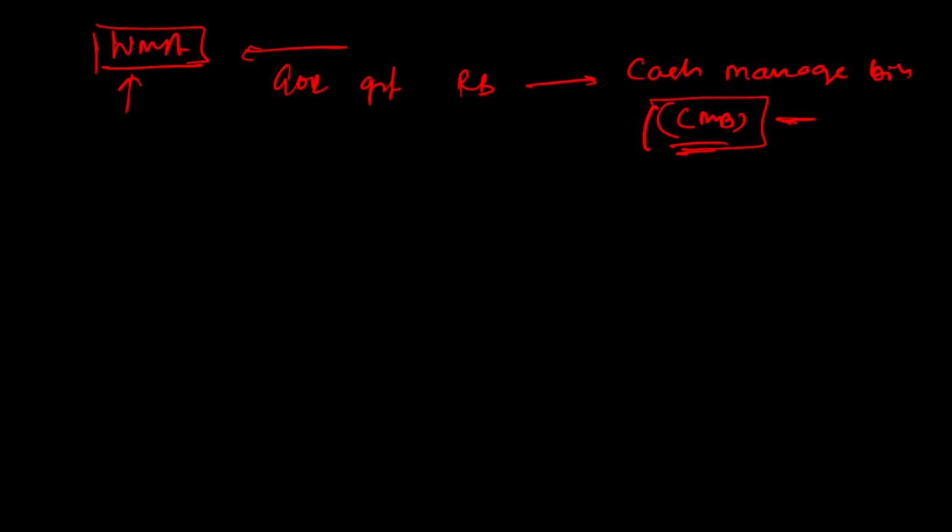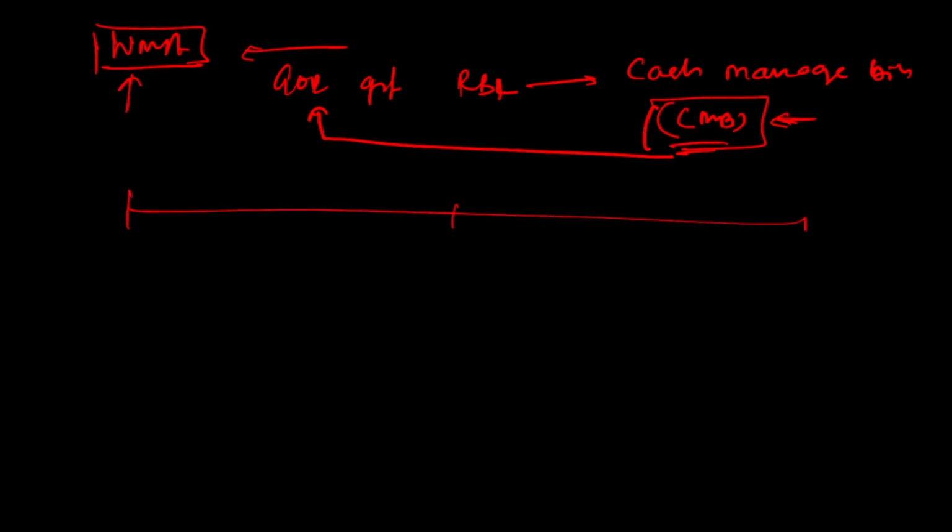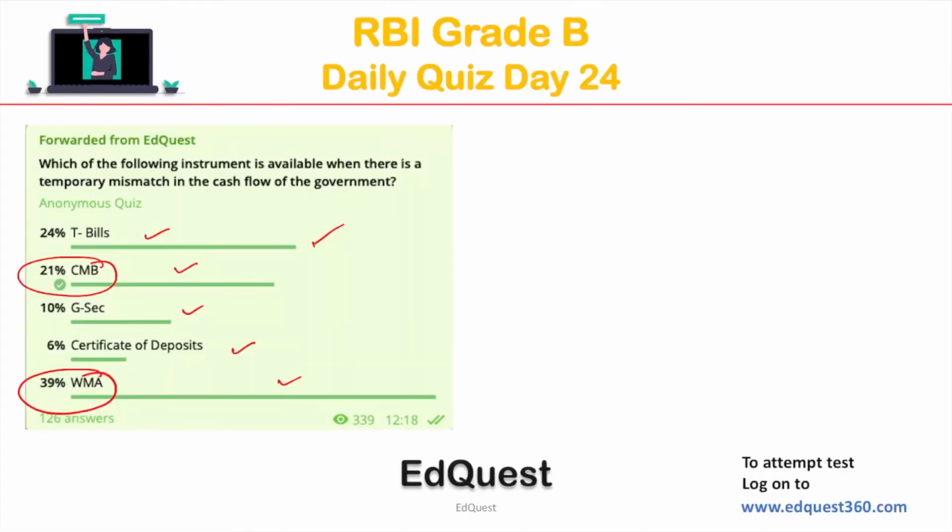So through cash management bills, Reserve Bank of India would provide money to Government of India, right? So we earlier discussed that there is a certain periodic limit.